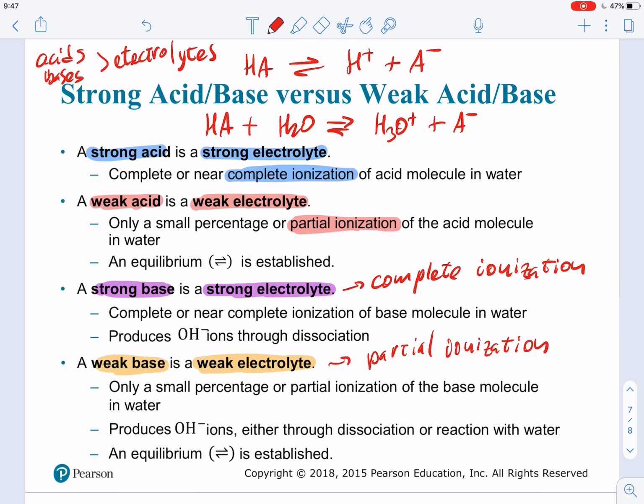It doesn't matter if it's an acid or a base. They can be strong or they can be weak. Strong electrolyte implies complete ionization. Weak electrolyte implies partial ionization. So we are just extending the concept of strong and weak electrolytes to acids and bases. And that has an impact because later on, when we start doing calculations, it will matter whether you are working with a strong acid or a weak acid, or a strong or weak base for that matter. The analysis is very similar, but you need to know whether it's a strong acid or a weak acid.